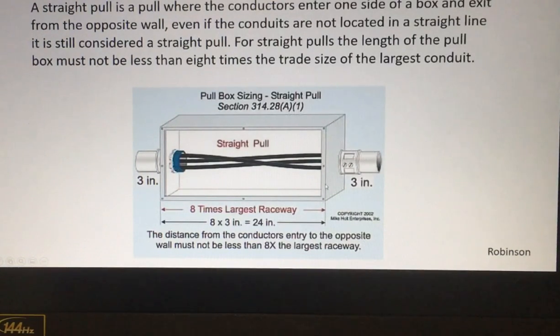Obviously it has to be big enough to accommodate that 3-inch conduit, so I'd say something like a 24 by 6. You just take 8 times the trade size diameter, and that's the straight pull. Simple dimple.